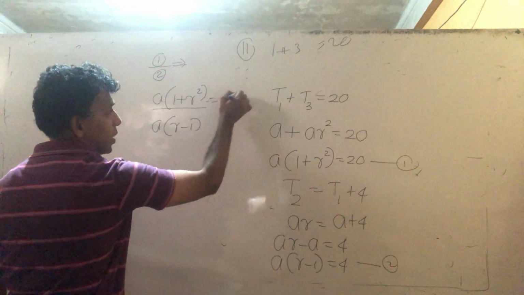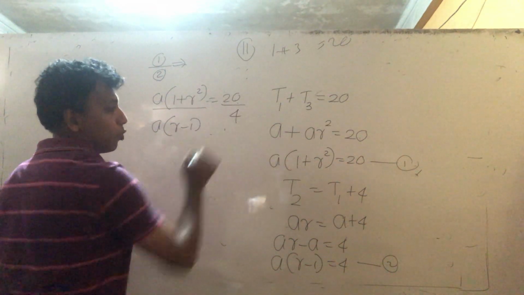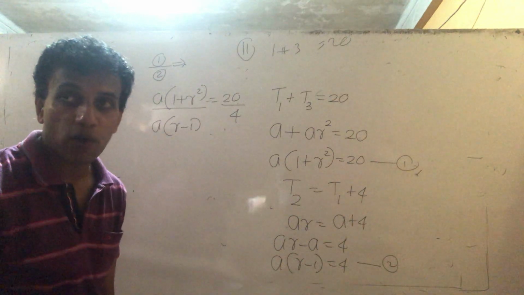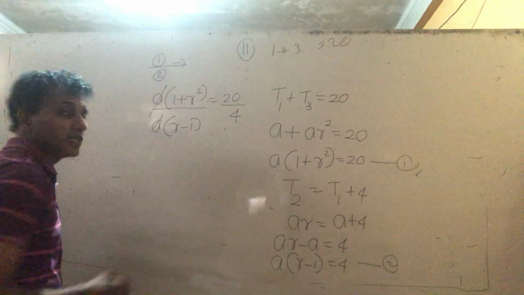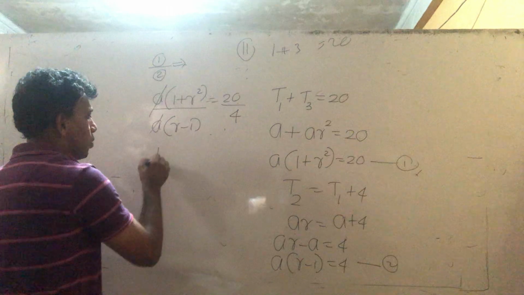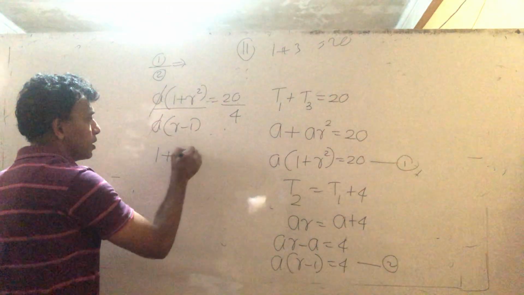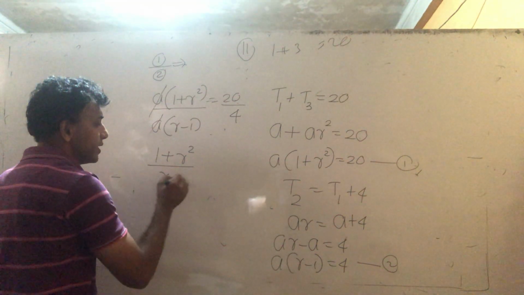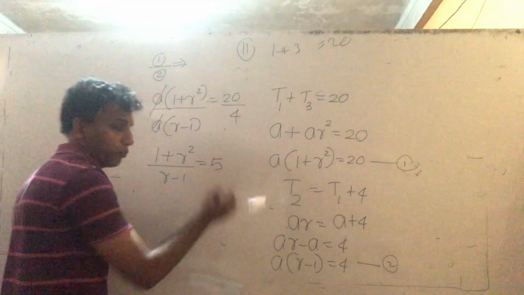On the other side, 20 divided by 4. The main purpose of dividing is that A cancels. So 1 plus R square over R minus 1 equals 5.